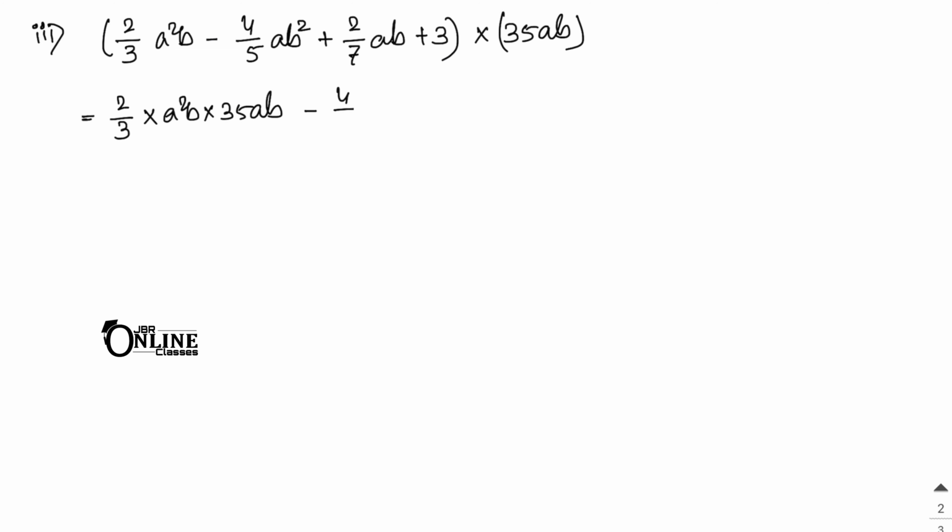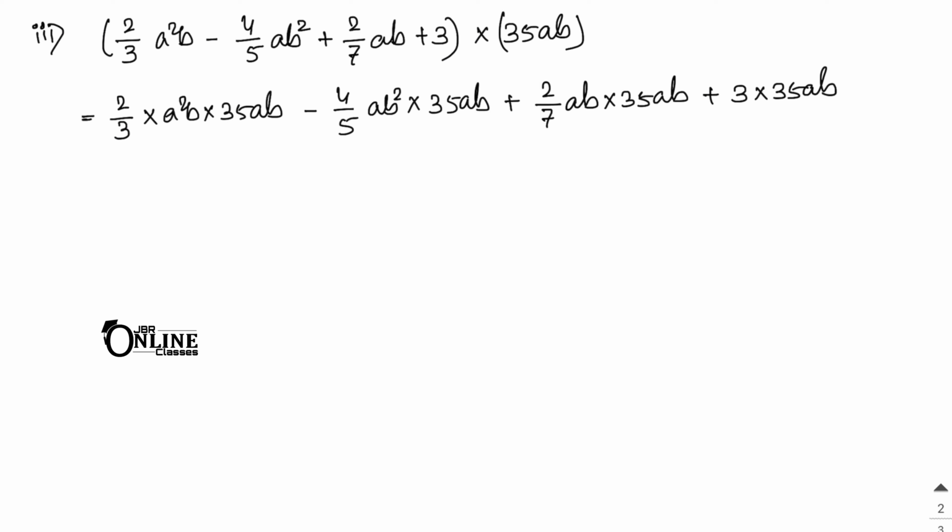Then again 4 by 5 ab square into 35ab. Then next one 2 by 7 ab into 35ab, and the last one here 3 into 35ab. Each and every term should be multiplied by 35ab.